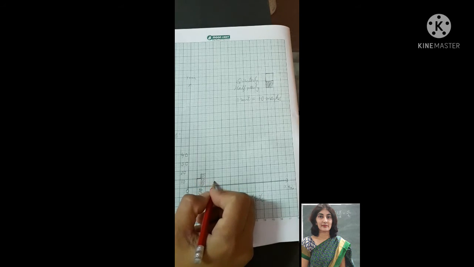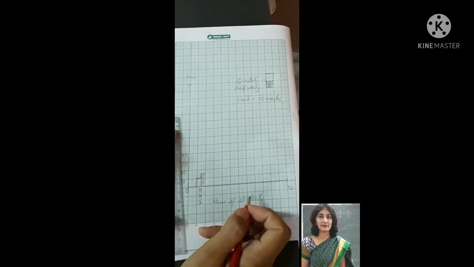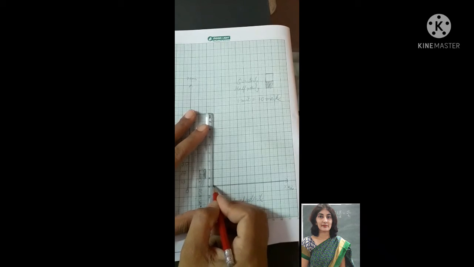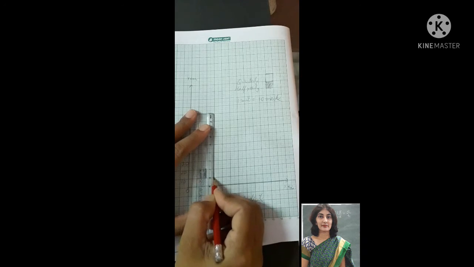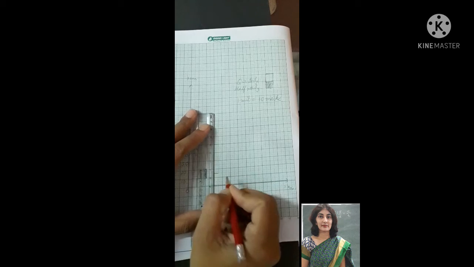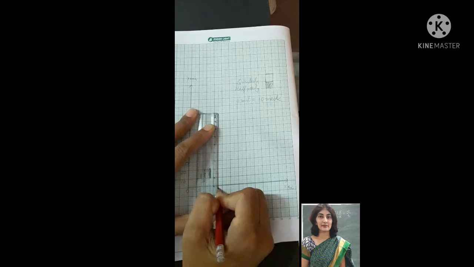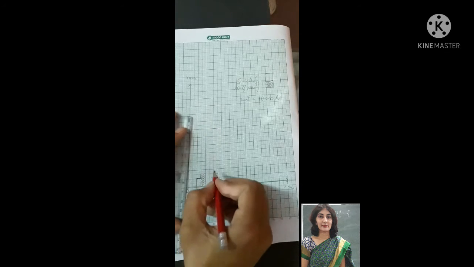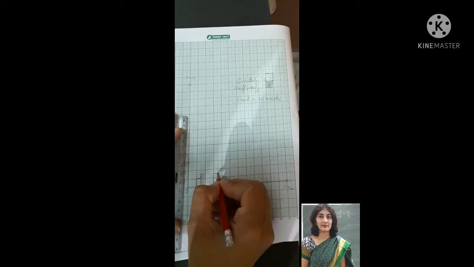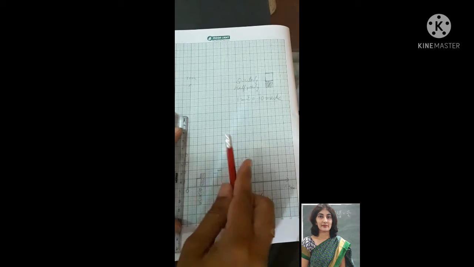Then leave one box. Next child is Arun. Arun scored 15. So for Arun I have taken a bar of 15. He scored 15 in quarterly, and in half yearly he scored 18. So 18 will come here after 15. The third line is 18. So this will be 15, 16, 17, and this will be 18.